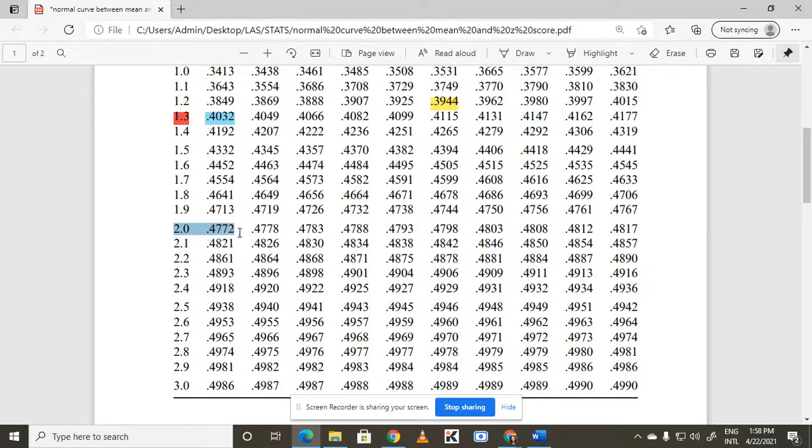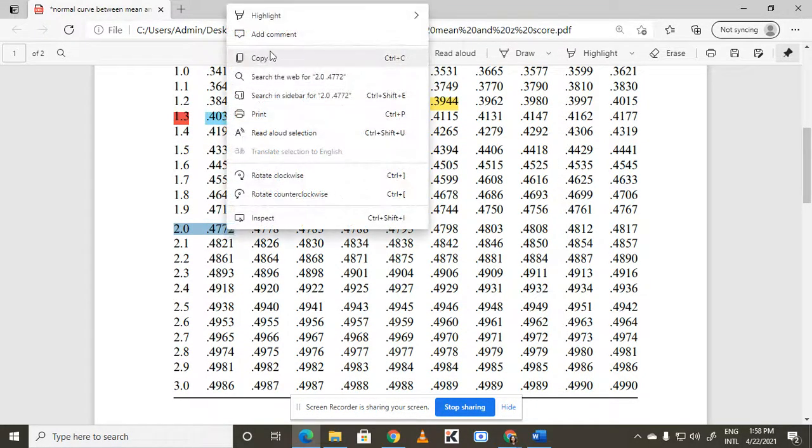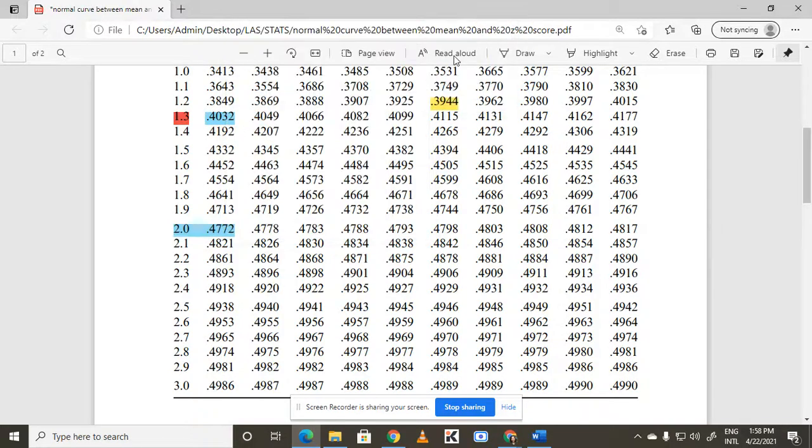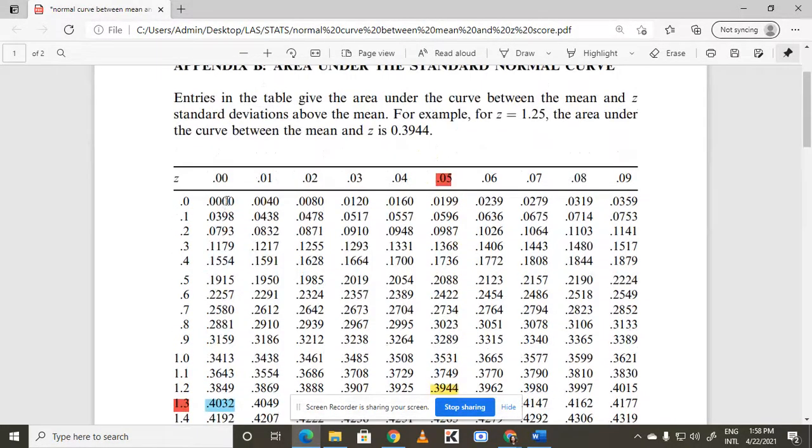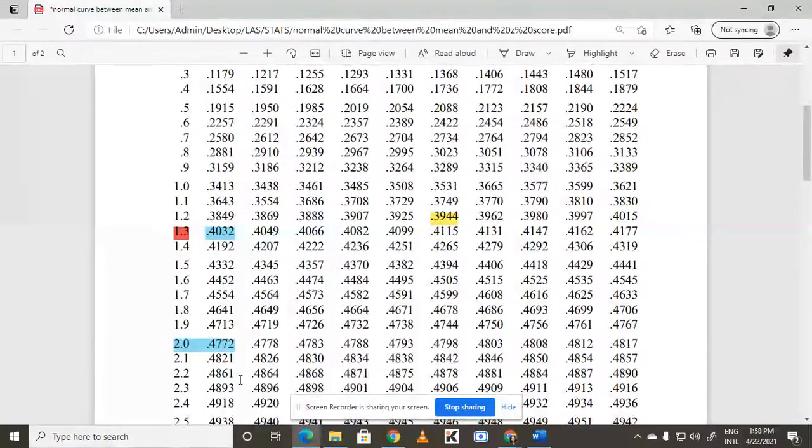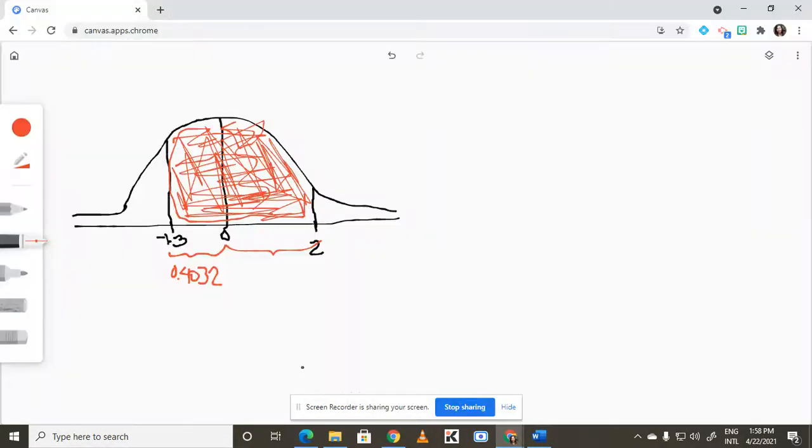That one is 0.4772, which is what 2.00 means.